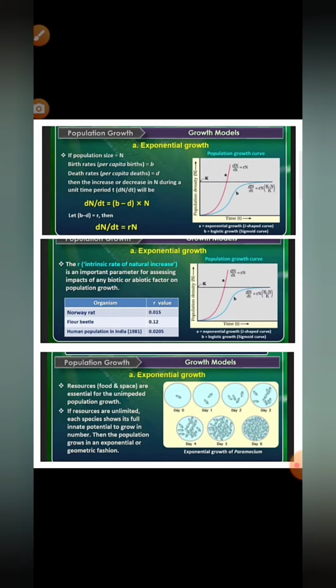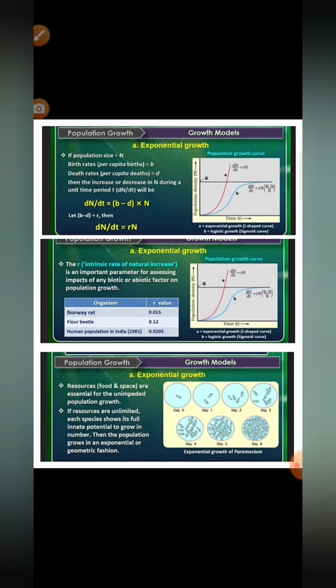Where food and space are unlimited, exponential or geometric growth is very common. And the equation for exponential growth can be derived as dN by dt equals B minus D multiplied by N. So when we put in the values, we can find out this exponential growth.